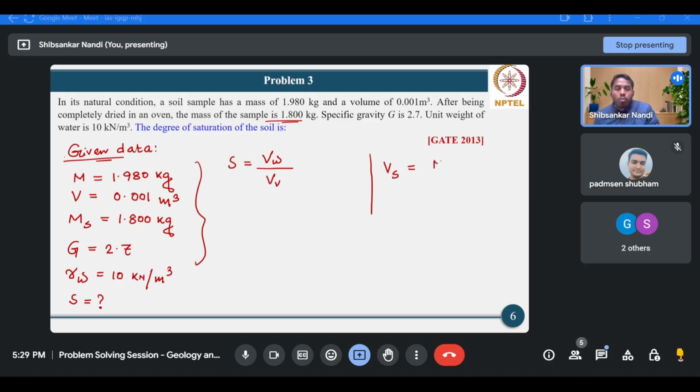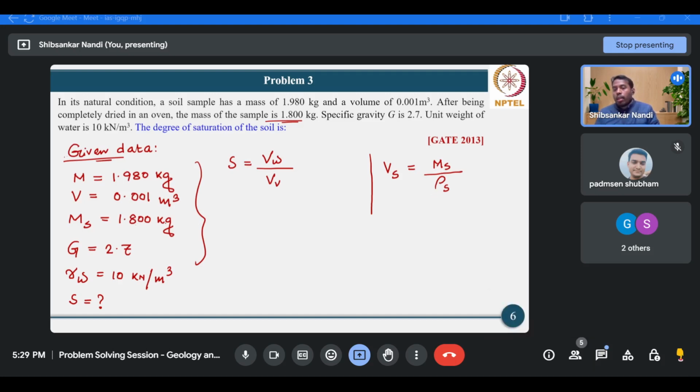So volume of solid is nothing but mass of solid divided by the density of solid. Yes or no? Because density is nothing but mass by volume. So we can rewrite in this way. So volume of solid will be mass of solid divided by density of solid. Now the mass of solid is with us.